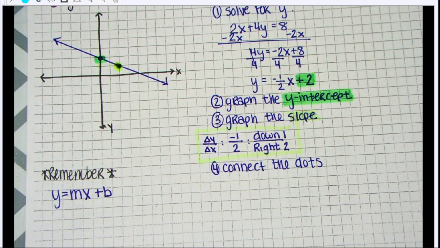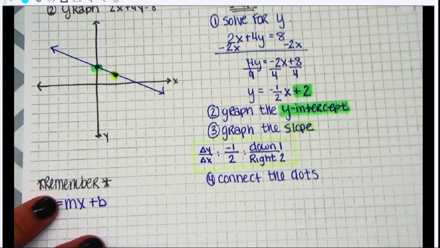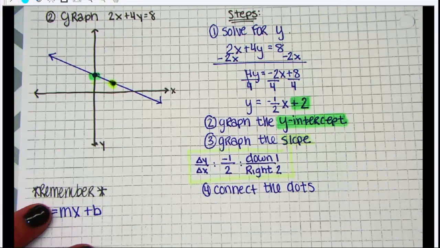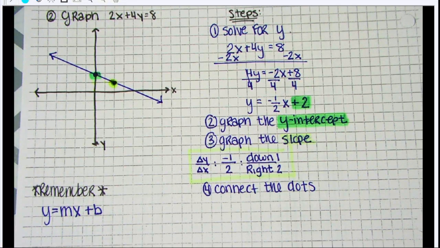Y equals mx plus b, it's slope-intercept form. If it's not in y equals mx plus b, what do we do? How do we get the line in y equals mx plus b? We solve for y. If it's not solved for y, you have to do that. If it is, you can just graph it and you're good.